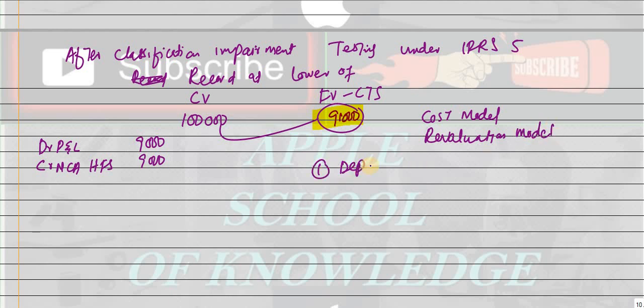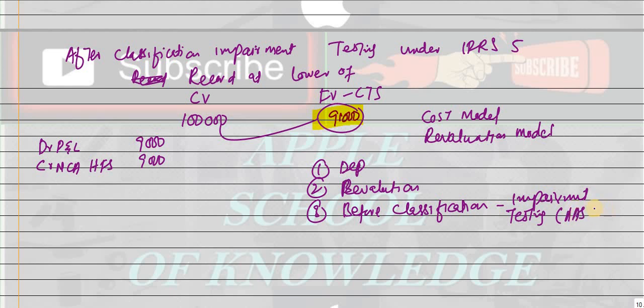First you have to do depreciation, then you have to do revaluation if you are using the revaluation model. Number three, before classification, impairment testing, but this time you will use IAS 36. After that you will do shifting entries. Shifting entries mean you are shifting the asset.